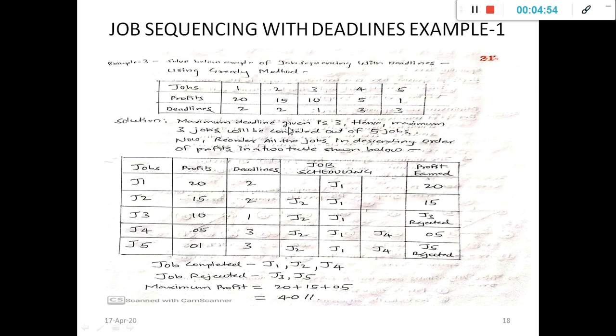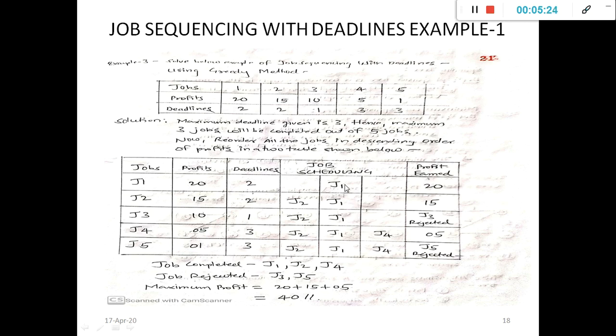According to the given example, a maximum of 3 time slots are available: 1, 2 and 3. Now choose job J1 and check its deadline. The deadline of job J1 is 2, so put job J1 into slot 2.